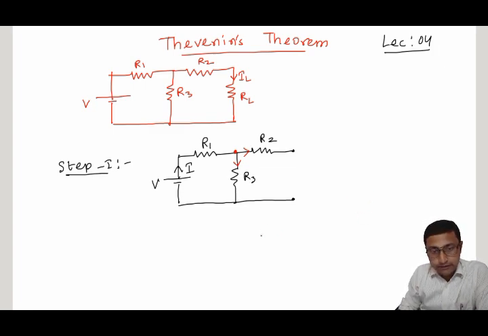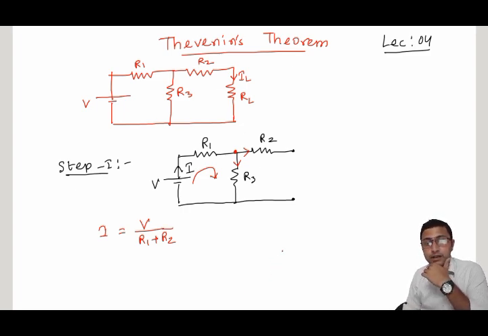So the supply current I flows through R1 and R3. What will be the source current? That is equal to V by R equivalent, that is R1 plus R3.